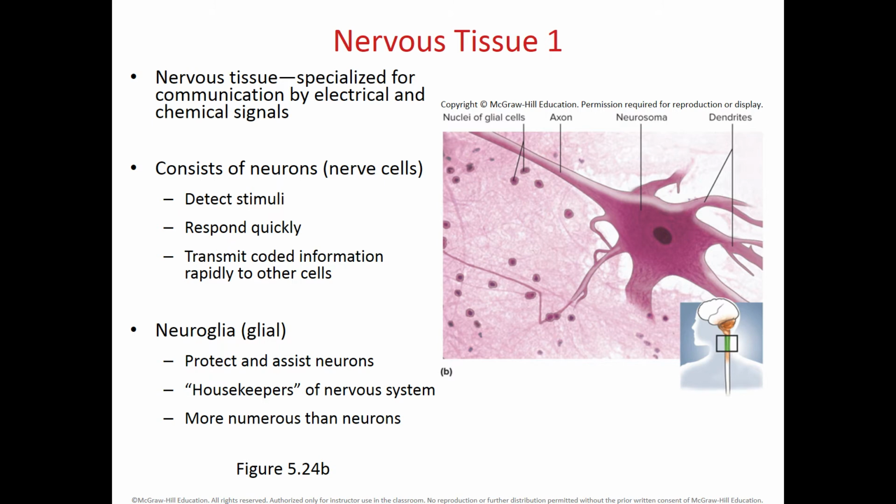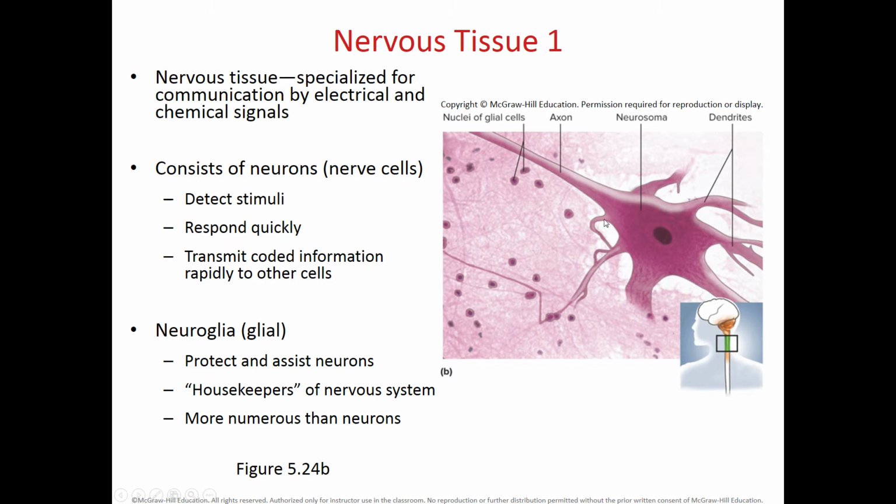The nervous tissue not only has neurons or nerve cells, but also has supporting cells that we call neuroglia or glial cells. The function of the neurons is to detect stimuli, to respond quickly, and to transmit coded information to other cells that are connecting to this neuron. We will see the parts of the neurons in the nervous system chapter.